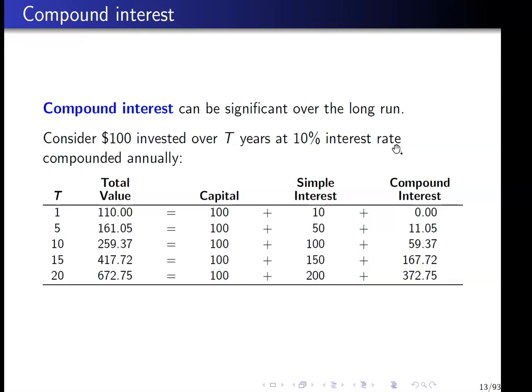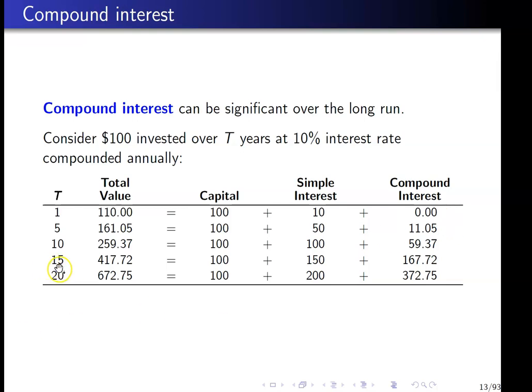Compound interest can be significant over the long run. Eventually compound interest becomes larger than simple interest. If $100 are invested over T years at 10% interest rate, compounded annually, after 5 years, the account is worth $161.05, which is $100 in capital, $50 in simple interest, and $11 of interest over interest.